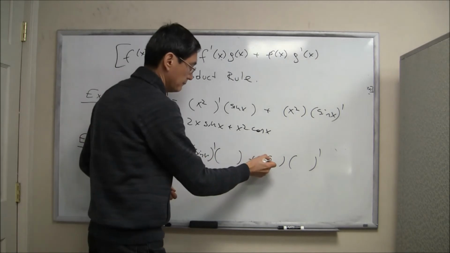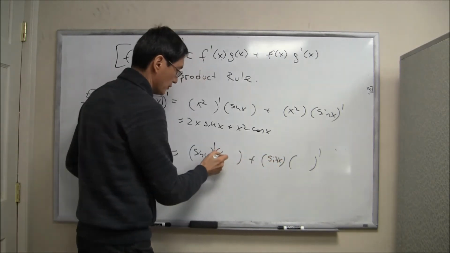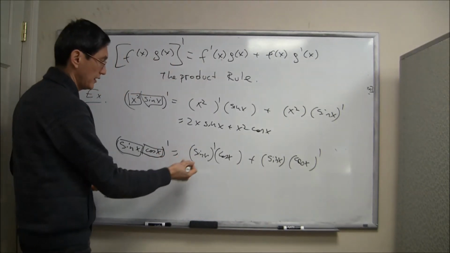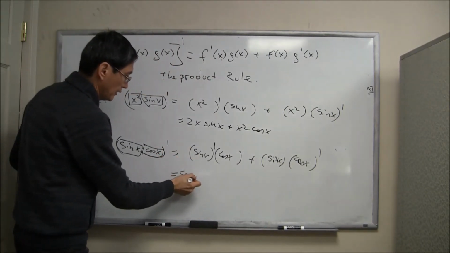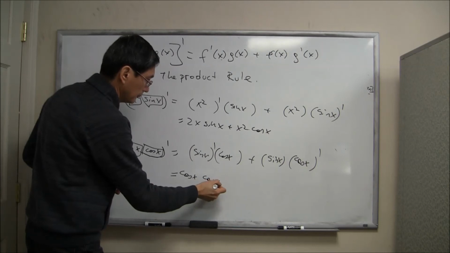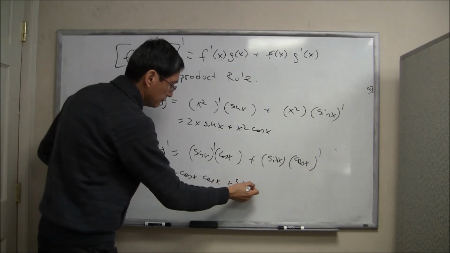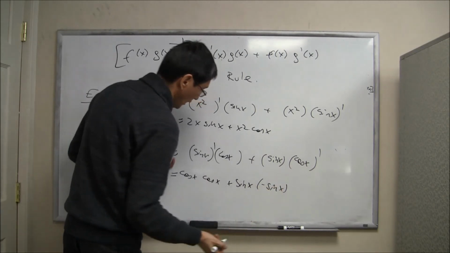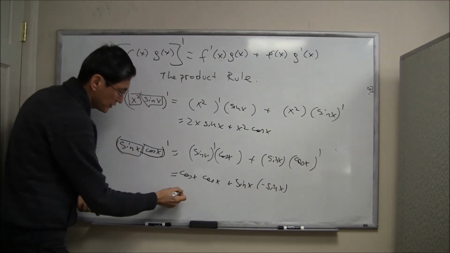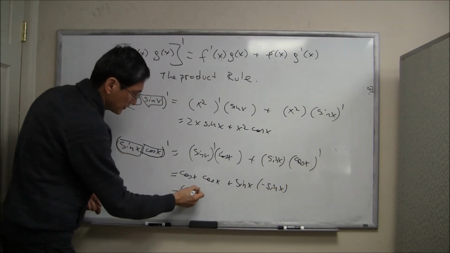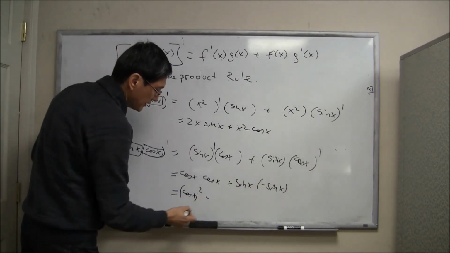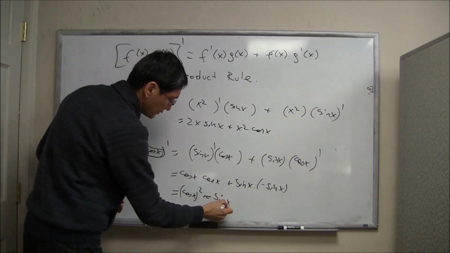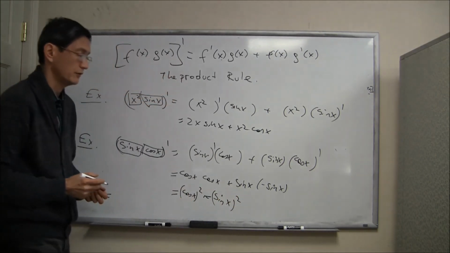First is sin x, second is cosine x. The derivative of sine is cosine, so cosine x times cosine x, plus sine x times the derivative of cosine, which is negative sine. Simplify that expression: cosine x times cosine x is cosine squared, sine x times sine x with a minus in front, so minus sine squared x. So that's going to be fine.